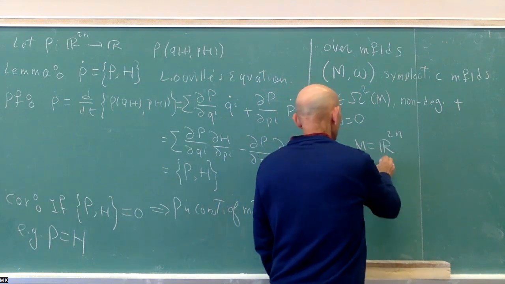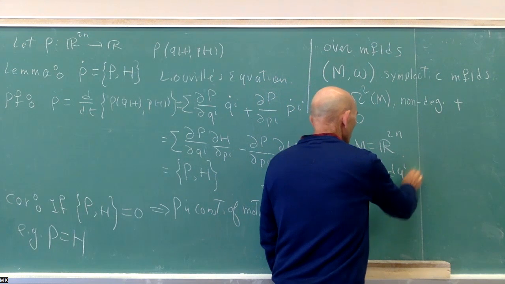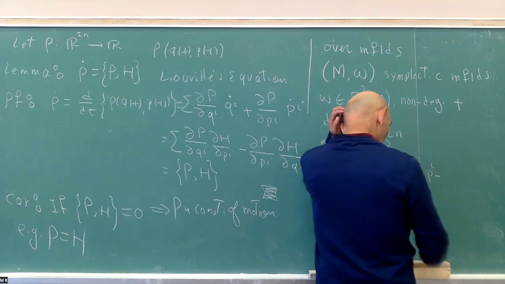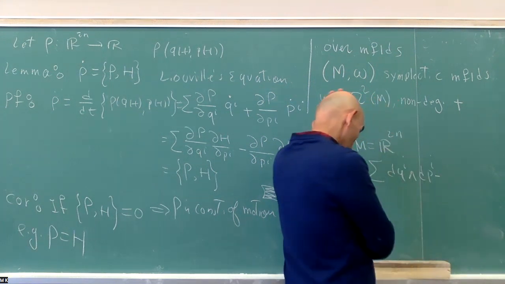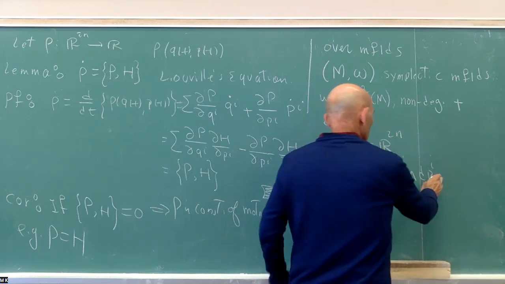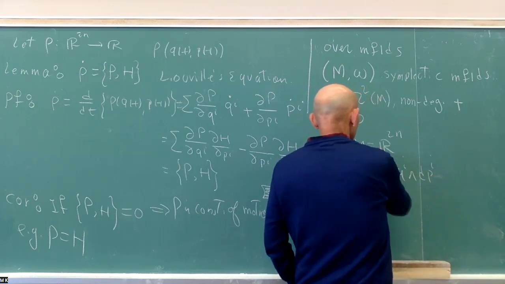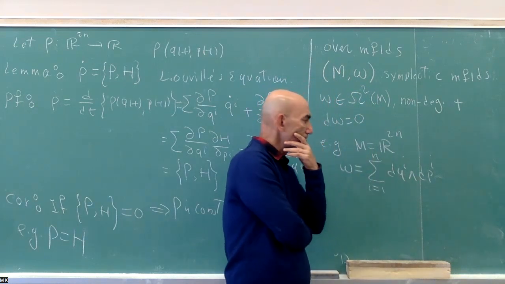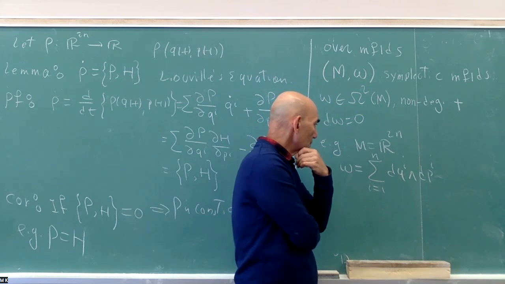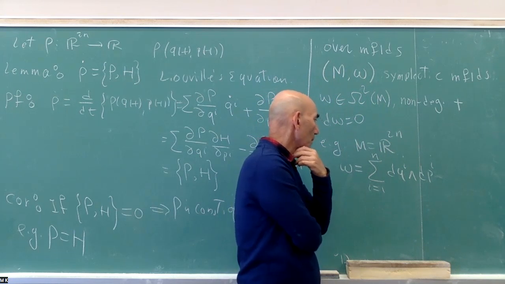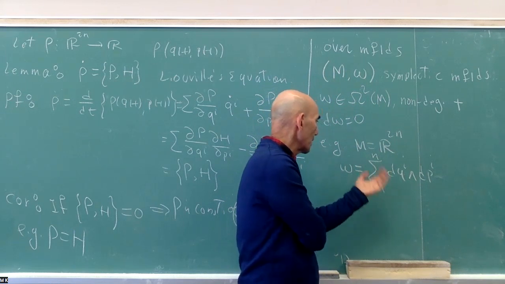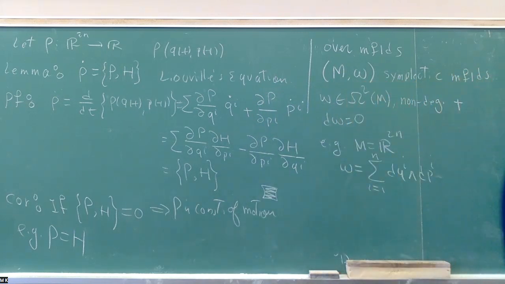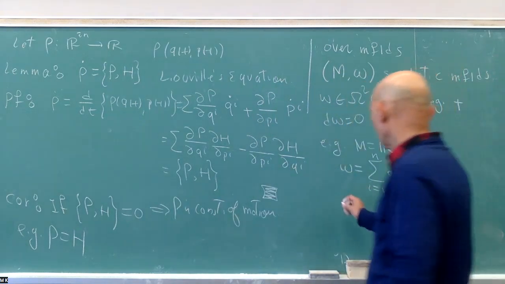Omega is equal to the sum of dqi wedge dpi minus... so yeah, you can check that this satisfies all these conditions.